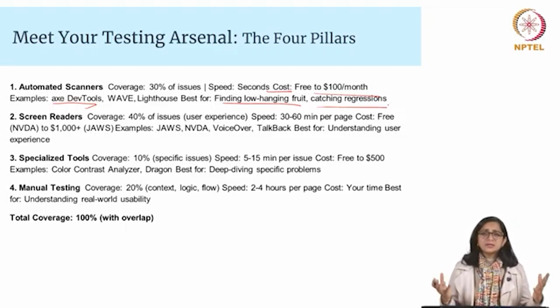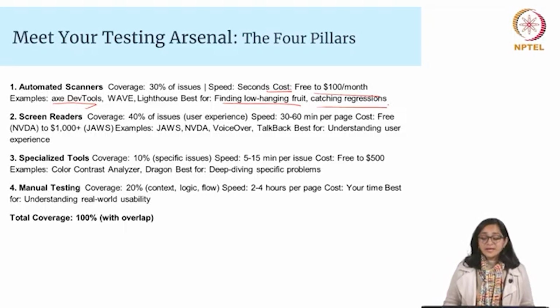The speed can be, depending on the expertise of the evaluator, roughly half an hour to an hour per page. And the tools cost very little. NVDA is free, but JAWS may be a little bit expensive. Best for understanding human experience designs.